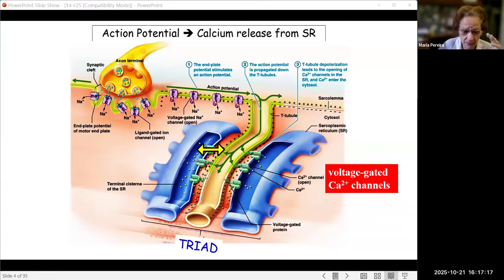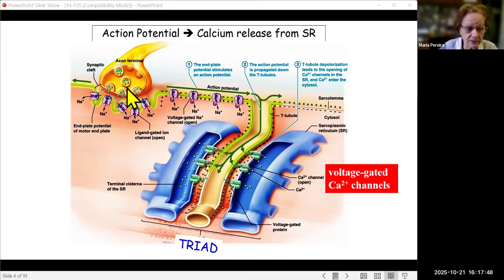When it reaches the dihydropyridine receptors on the sarcolemma, they send a signal to calcium channels. These calcium channels now open and allow calcium inside the sarcoplasmic reticulum to come out. And this calcium now floods the cytoplasm of the myofibril.